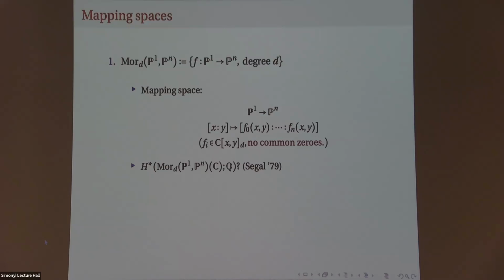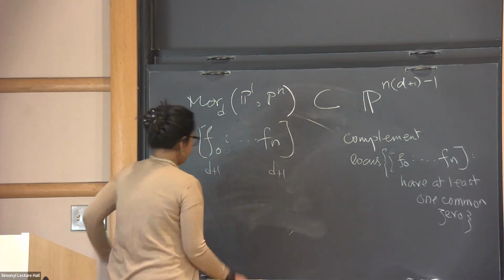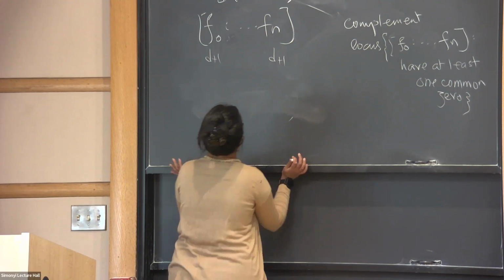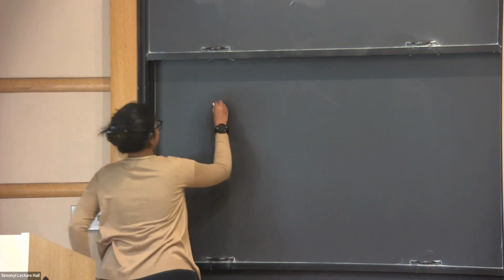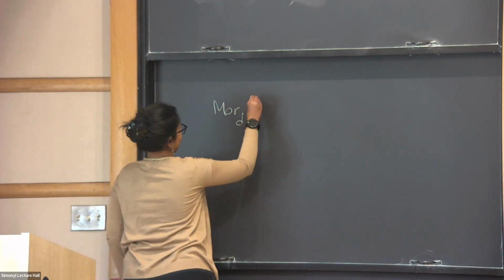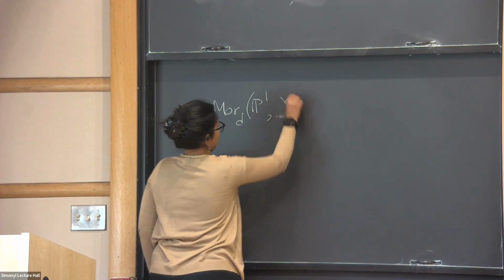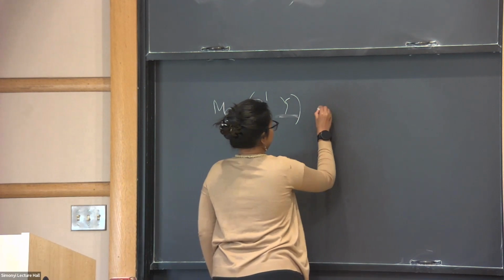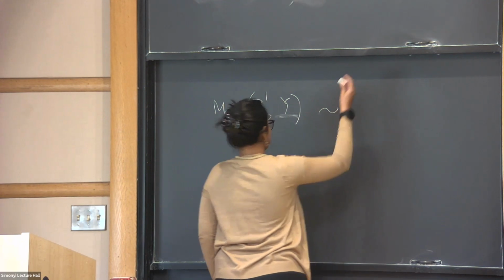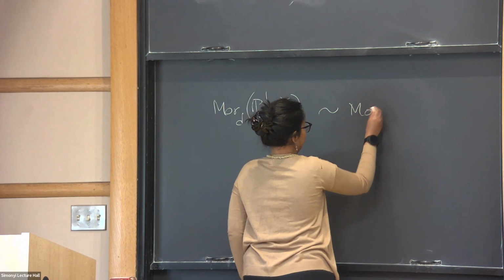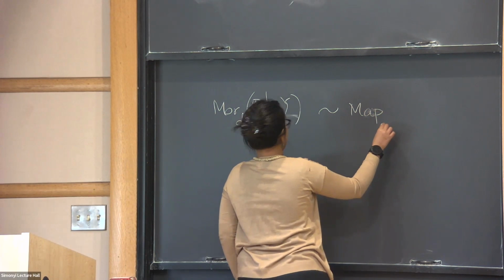And that sort of started many investigations into mapping spaces to try to see whether the space of maps from P1 to something, let's say Y, is weakly homotopy equivalent to continuous maps. Let me write map.